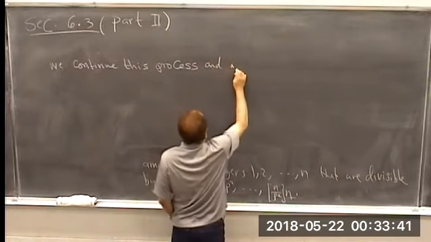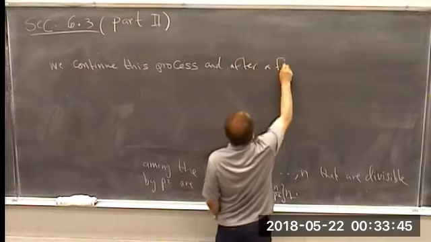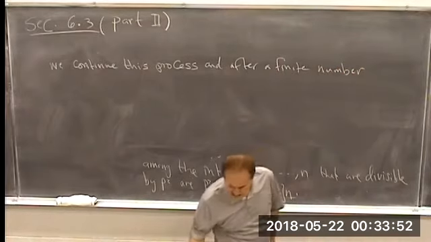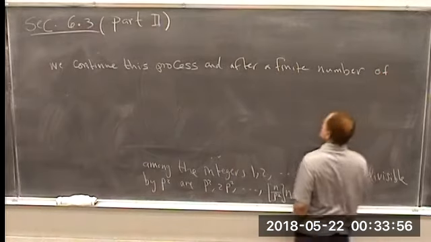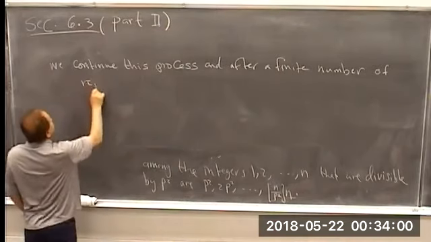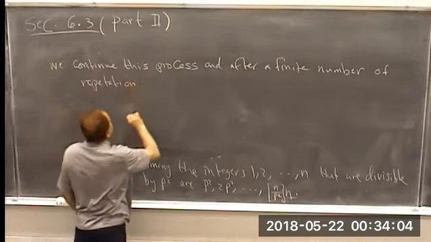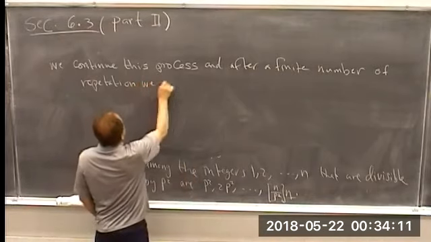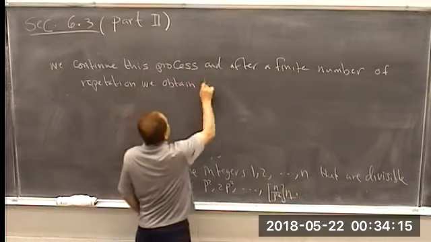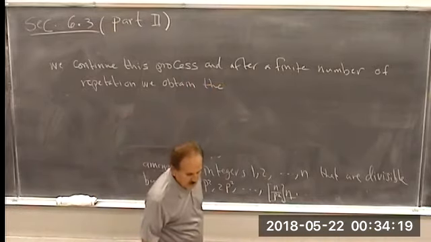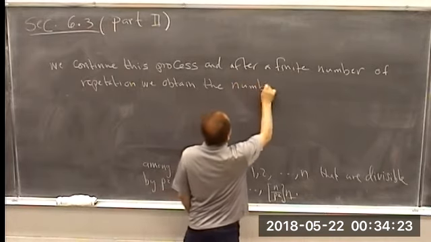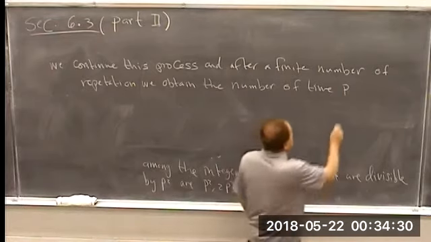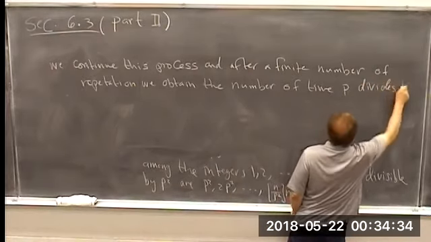And after a finite number of repetitions, we obtain what we call the number of times p divides n factorial.